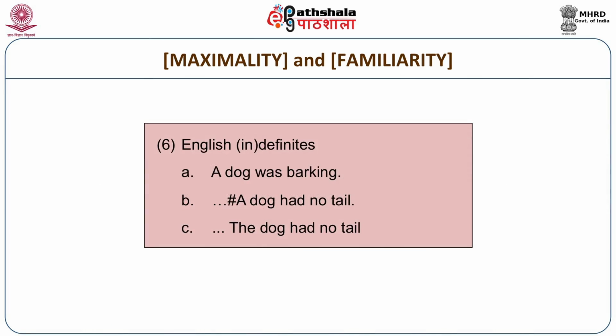Consider the following fragment of discourse. Given a sentence like "A dog was barking," you cannot continue it by saying "A dog had no tail." Rather, you must say "A dog was barking. The dog had no tail."